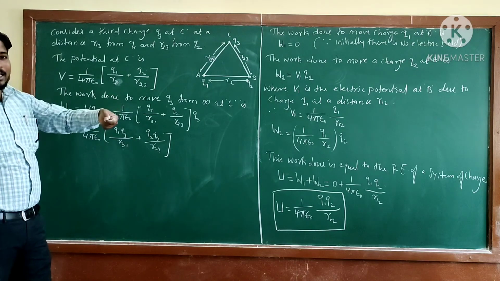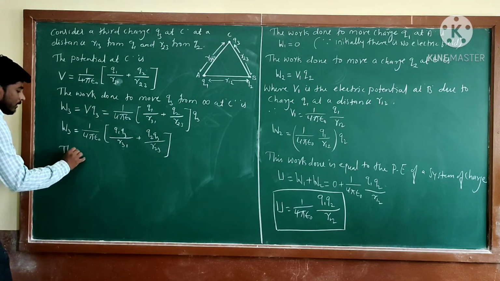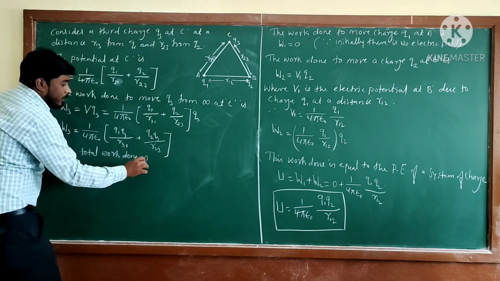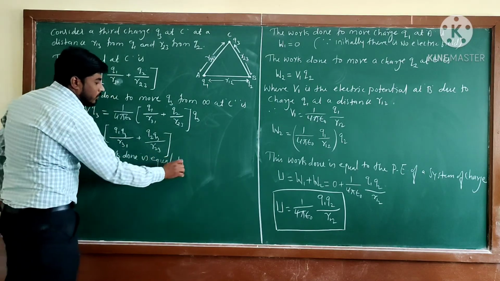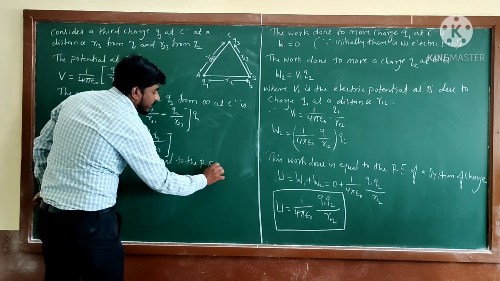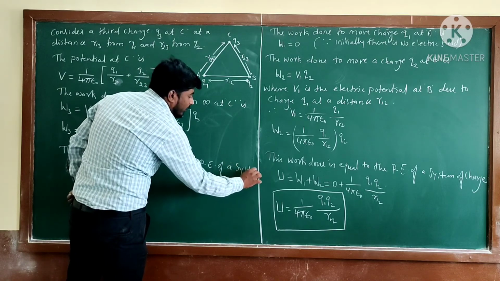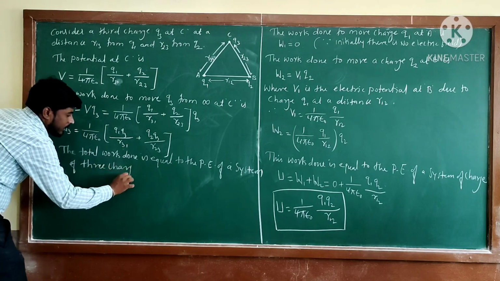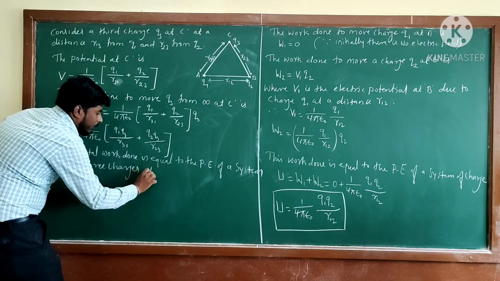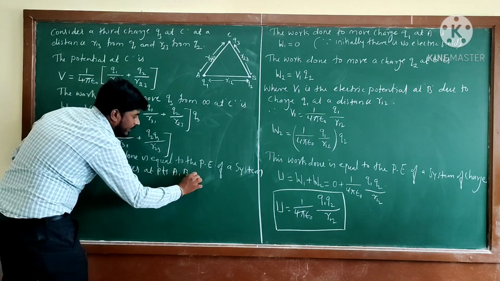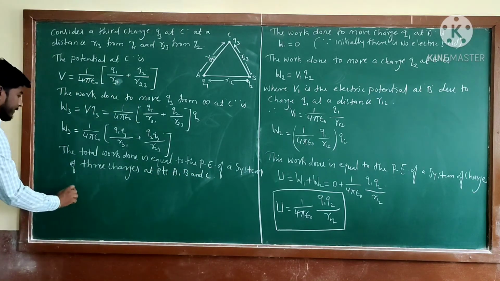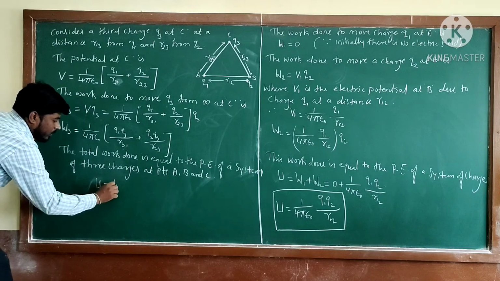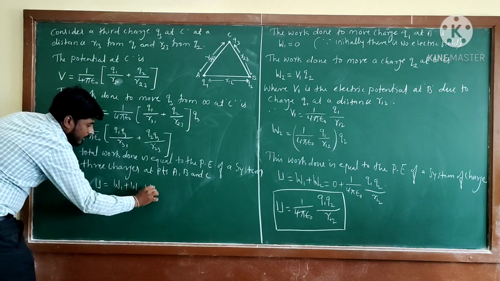So the total work done is equal to the potential energy of a system of three charges at points A, B and C. Therefore, U is equal to W1 plus W2 plus W3.